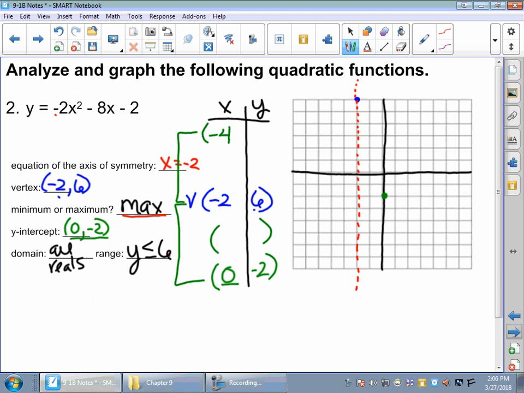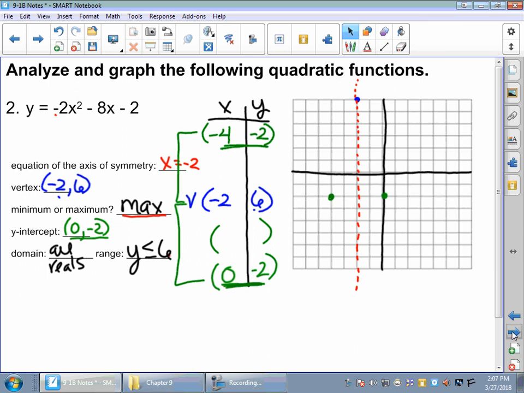So I don't have to plug anything in. I'm going to use my y-intercept. If 0 landed at -2, -4 also has to land at -2. So I found (-4, -2) not by plugging -4 into the equation. I could, and I'd get -2, but I used symmetry with the y-intercept. So it's just a little bit easier to find that way.